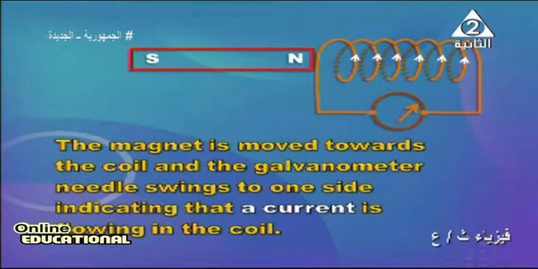While the magnet is moving towards the coil, the field intercepting the coil is changing. Actually, it is increasing. As long as we've got an increasing magnetic field, we'll have an electromotive force and a current will flow. And this happens when the magnet is moved towards the coil. The galvanometer shows deflection on one particular side.